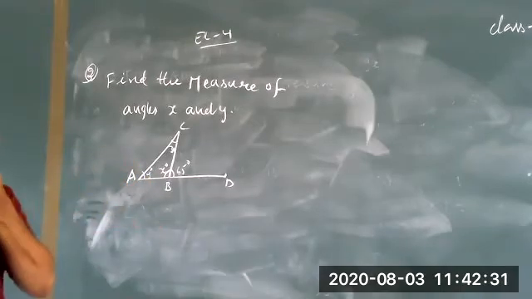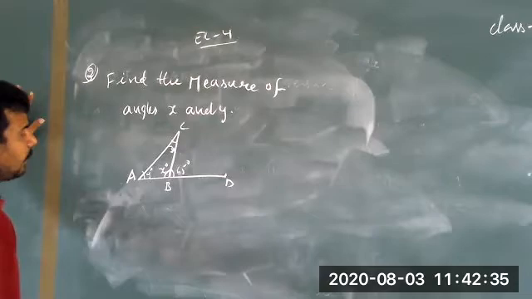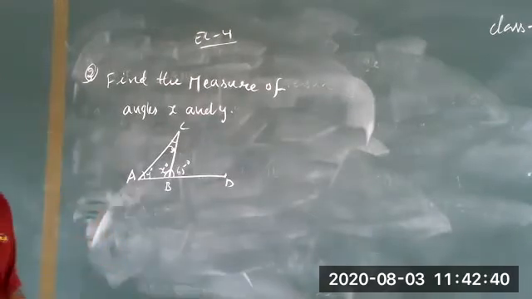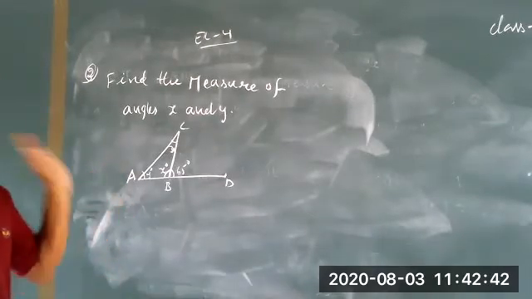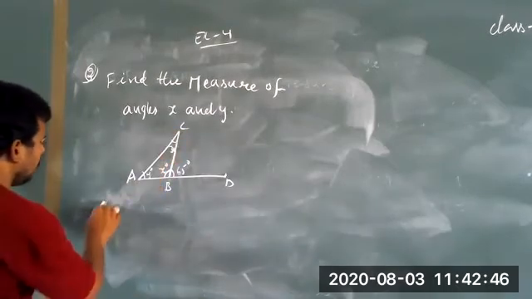Now you can use the exterior angle property. The exterior angle of a triangle is equal to the sum of the two interior opposite angles.